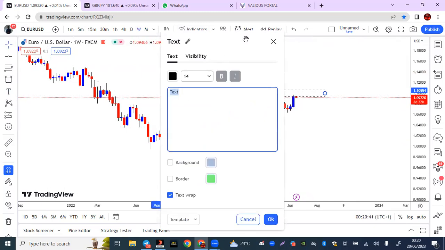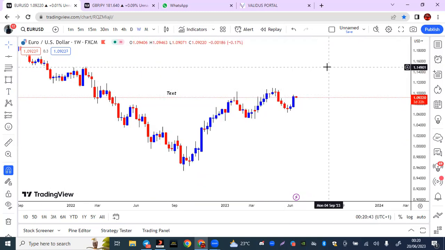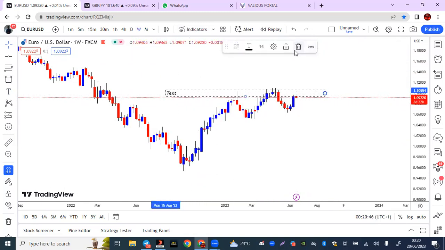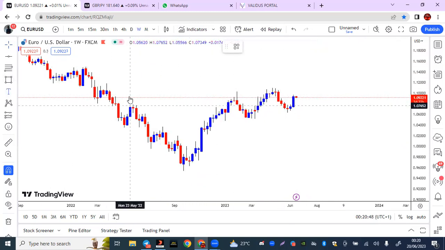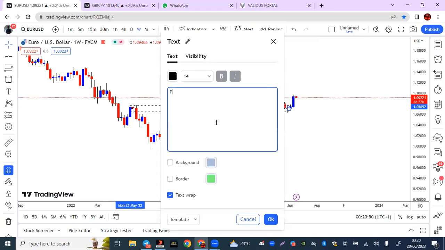It matters because you don't want to be selling when the pair is on an uptrend, and you don't want to be buying when it's on a downtrend. For an uptrend, price is going to be forming a series of higher highs and higher lows.